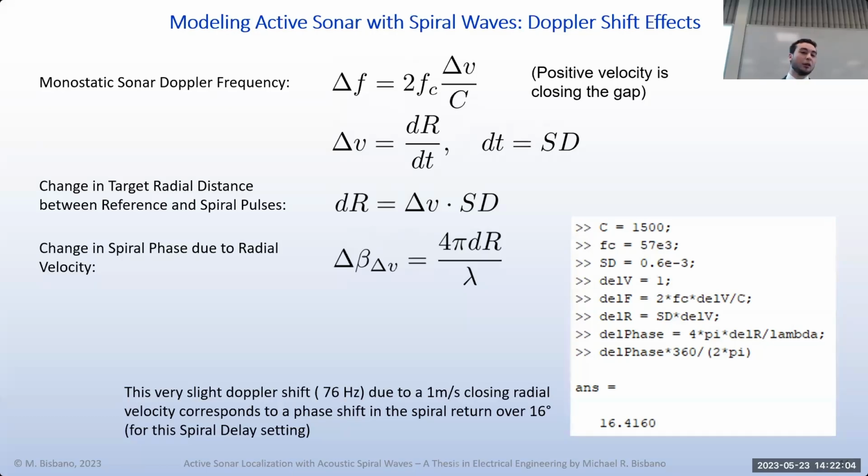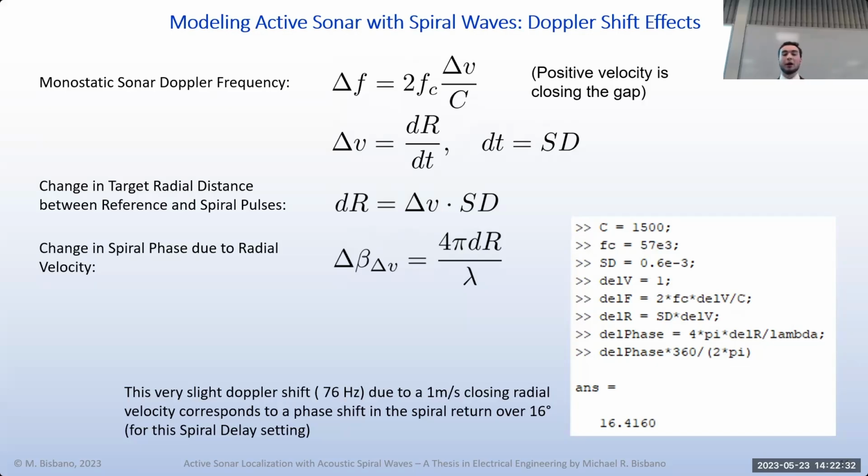We know the Doppler shift off of a moving target depends on its relative change in radial velocity from the source and its location. It doesn't matter if it's got any velocity perpendicular to the radial axis, because that's not creating any change in distance. That's the change in distance that creates Doppler shift.